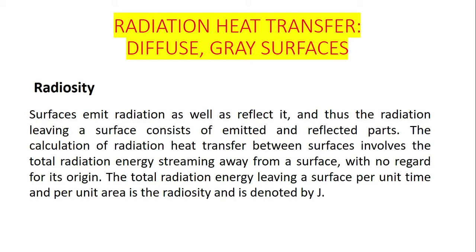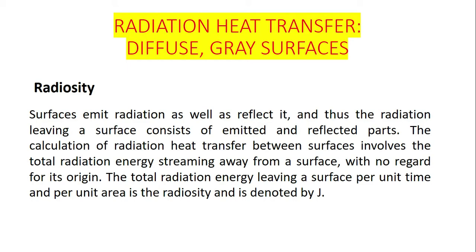What is the radiosity? To understand the radiosity, first of all, let us consider that surfaces emit radiation as well as reflect it, and the radiation leaving a surface consists of emitted as well as reflected parts. So the calculation of radiation heat transfer between surfaces involves the total radiation energy streaming away from the surface with no regard to its origin.